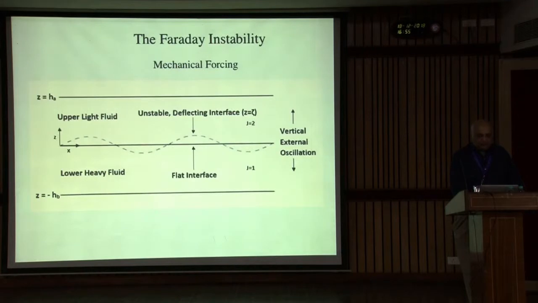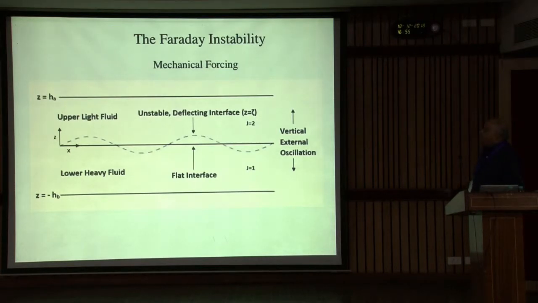So to understand resonance, we might look at the schematic where we have effectively a gravitationally stable arrangement of an upper light fluid on top of a lower heavy fluid. And what we might ask ourselves is, how does resonance occur? To see how resonance occurs, let's not immediately imagine that we're going to vertically oscillate this system.